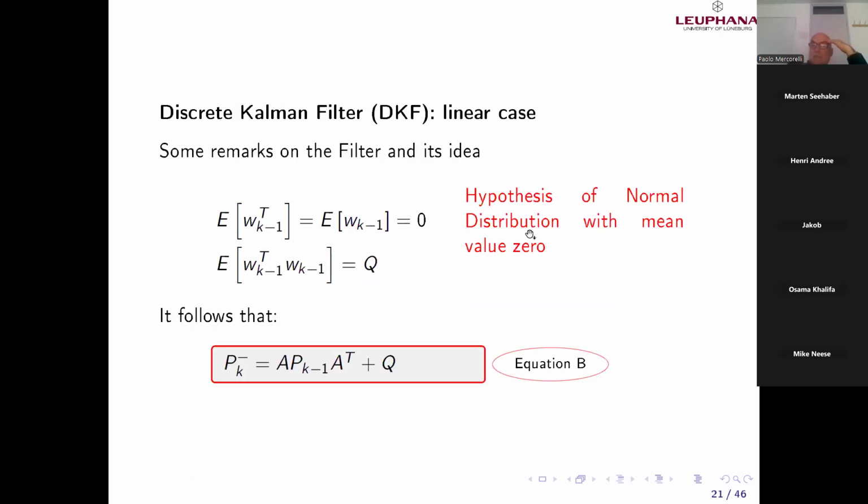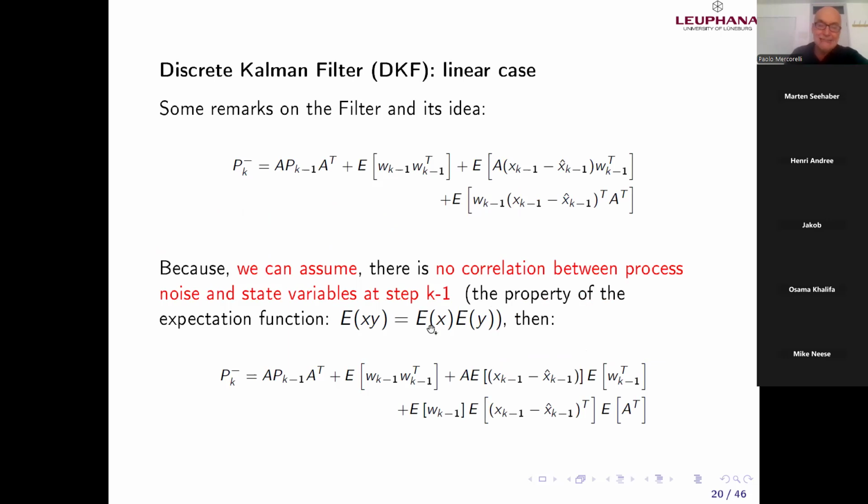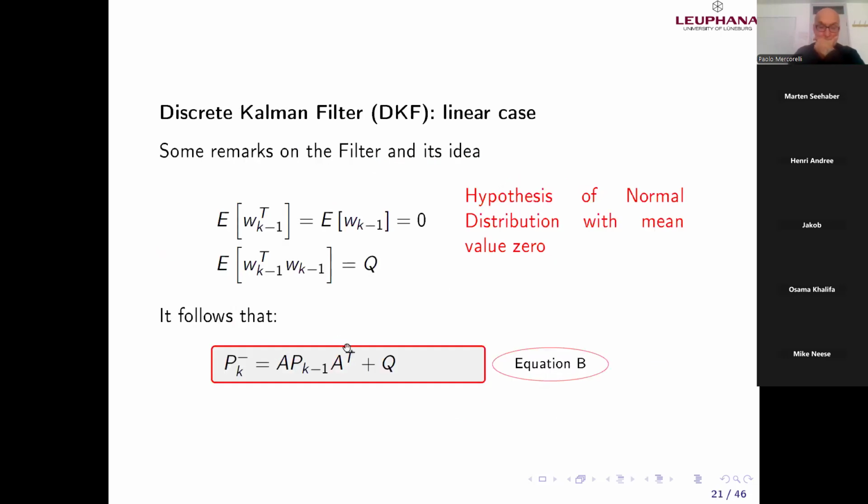And of course, this is a trivial consideration because the hypothesis which I am considering at the beginning is that the expectation, or the mean value, equals zero, normal with mean value zero. Anyway, we also have to apply some other hypotheses for this property, to end up, believe me, in this equation here.